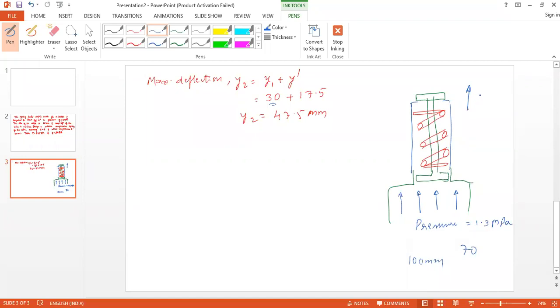Yes, sir. So this valve has to lift by an amount of 17.5 mm when the pressure is 1.3. If the pressure is 1.3, then it has to lift by 17.5 mm.